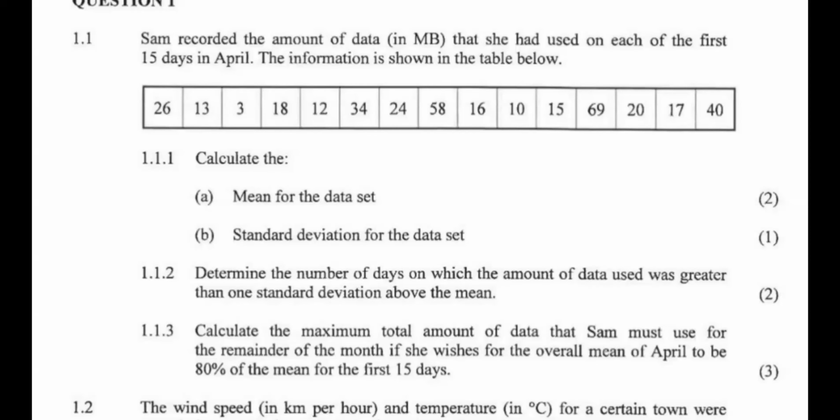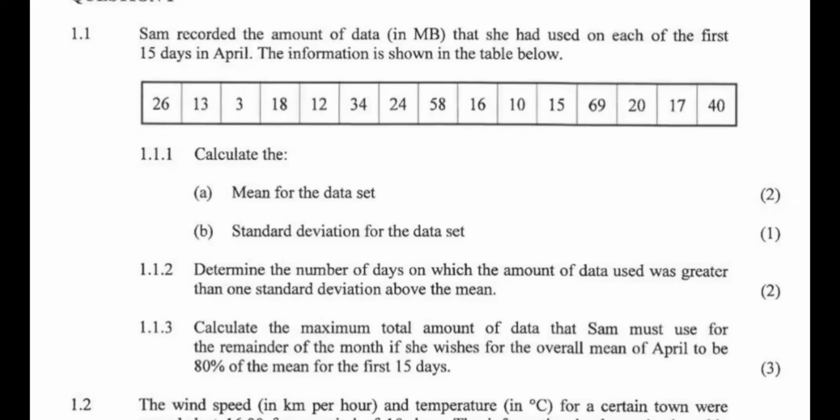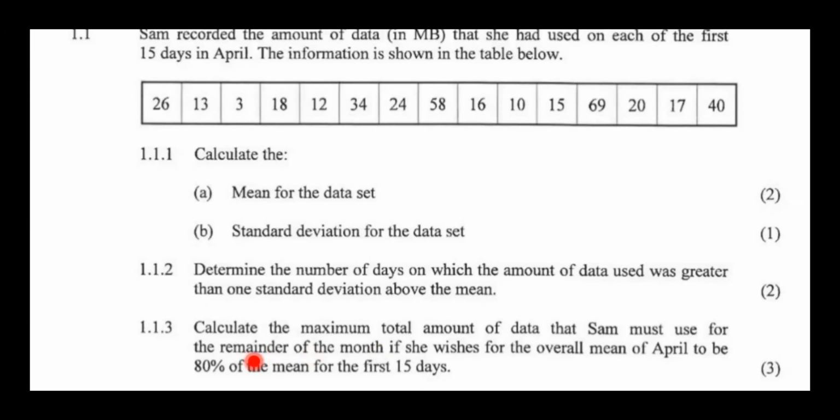So how we tackle this question is, they say calculate the maximum total amount of data that Sam must use for the remainder of the month. Now remember, this is April. They told us for the first 15 days of April. So the remainder of April, April has 30 days, so that will be another 15 days.